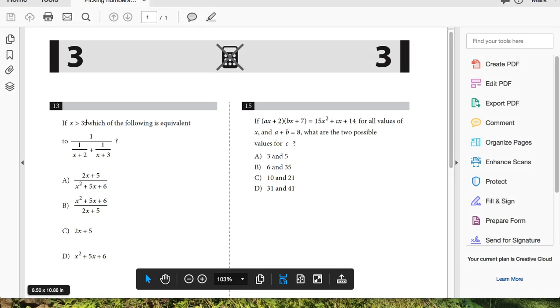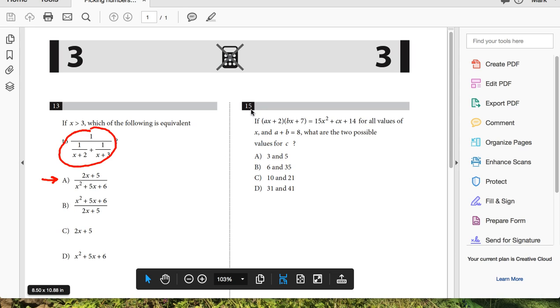You're going to notice that in this problem there are variables not just in the question up here, but also down here in the answer choices. What I want you to recognize is you can only use this strategy if the variables are in the answer choices.